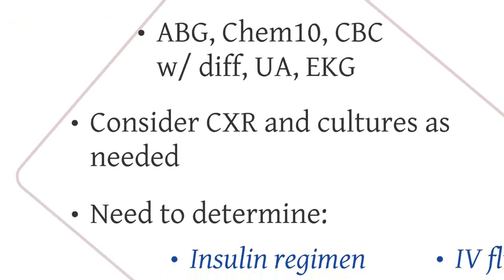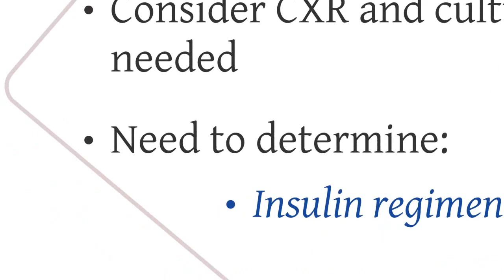Other things that should run through your mind is to look for other sources of infection that could precipitate their DKA and HHS based on the symptoms that they present to the hospital with. You could do this by first obtaining a chest x-ray or obtaining blood cultures. Once you have done your initial assessment, you need to determine the treatment.